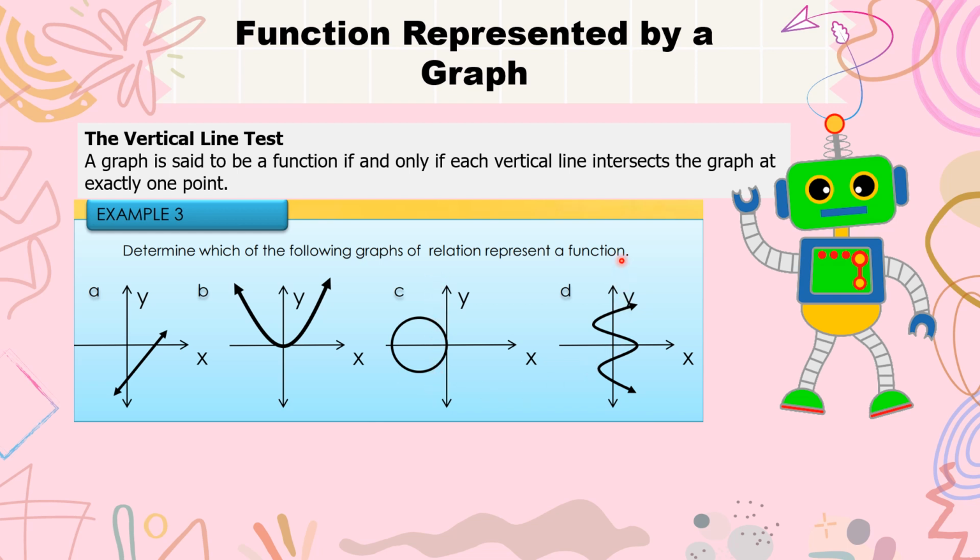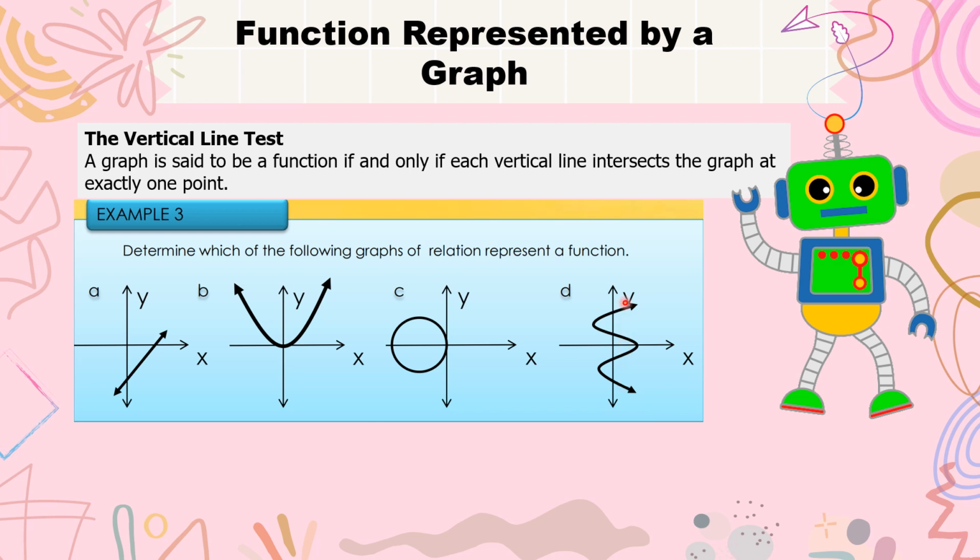For letter D, if we are going to draw a vertical line here, ilan ang masasagi niyang point? We have 1, 2, 3, 4. Pag dito sa kabila, ganun din, 1, 2, 3, 4.